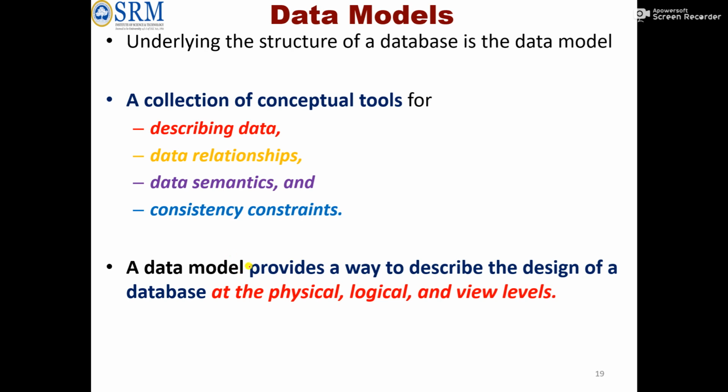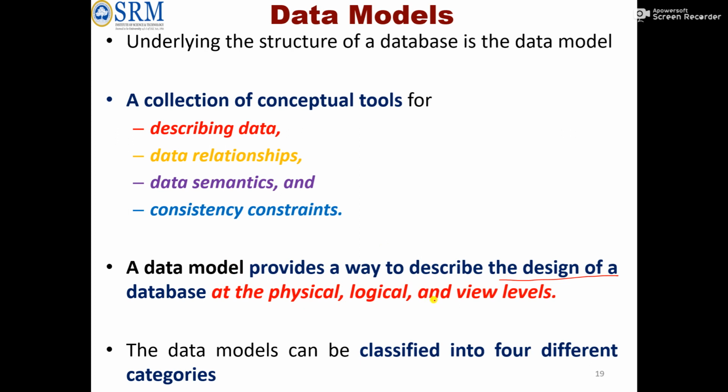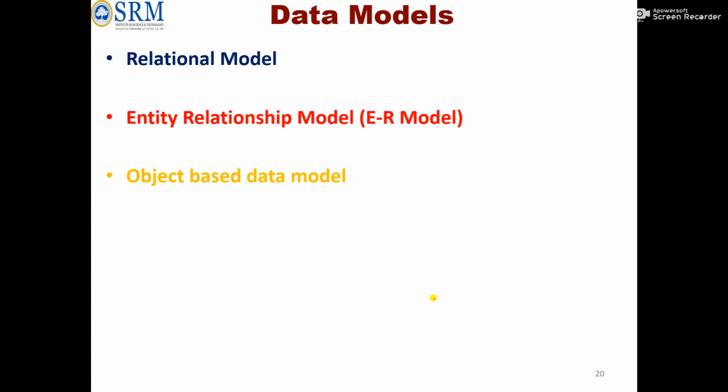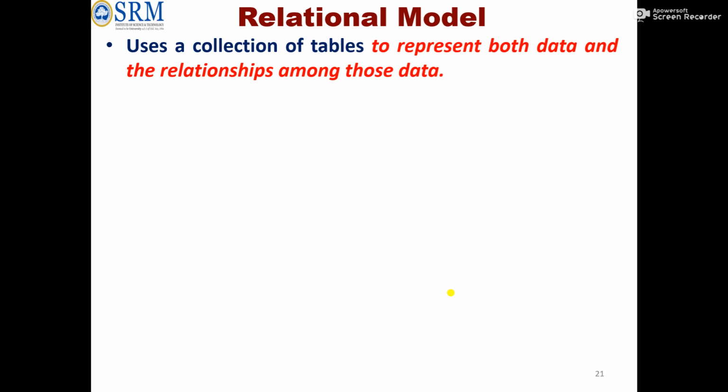A data model provides a way to describe the design of a particular database on various levels. It can be categorized into 4 ways: relational model, entity relationship model, object-based model, and semi-structured model. Let me go into detail one by one, starting with the relational model. Later topics will cover all these things in detail.